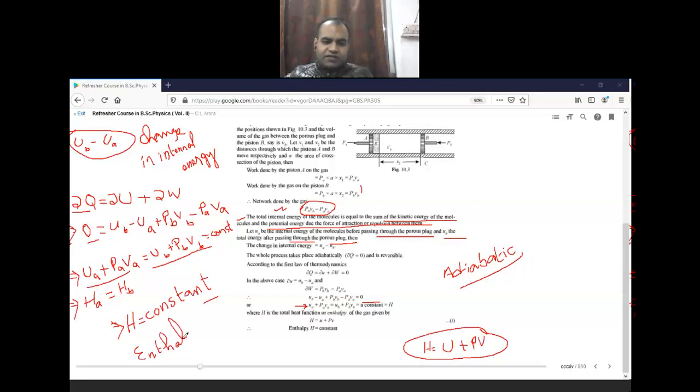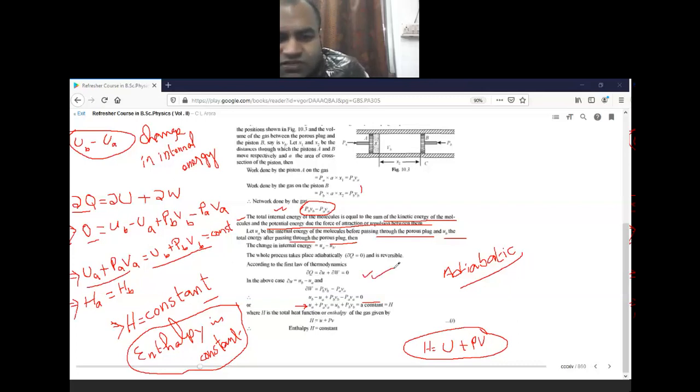Or in other words, enthalpy, H stands for enthalpy, is constant in Joule Thomson's porous plug experiment. Therefore, the Joule Thomson experiment is also known as a constant enthalpy process.